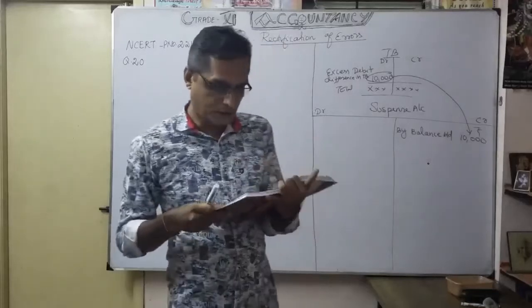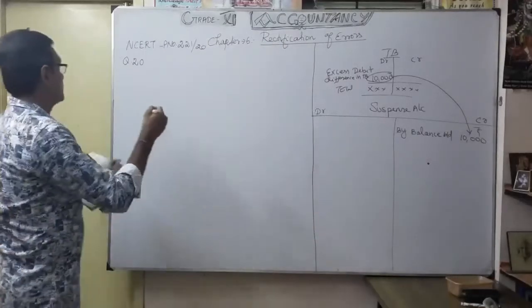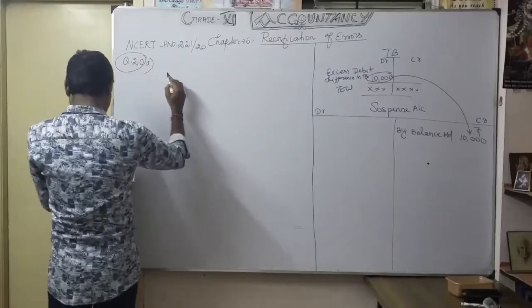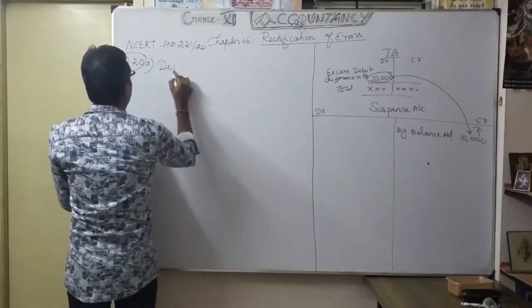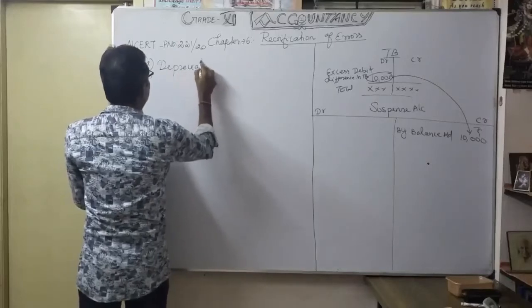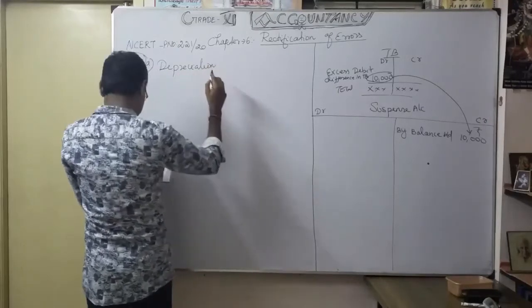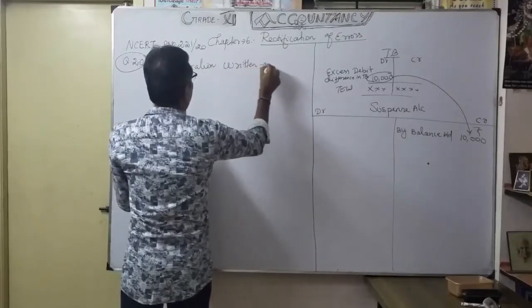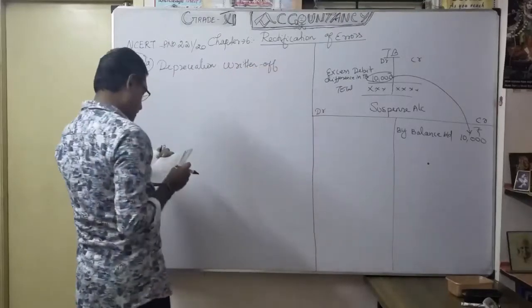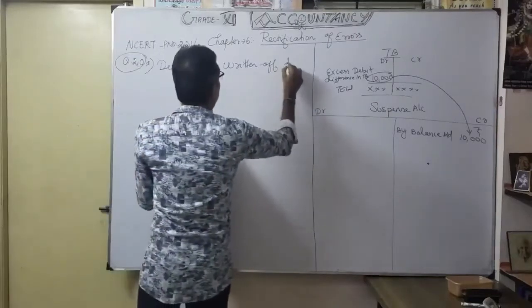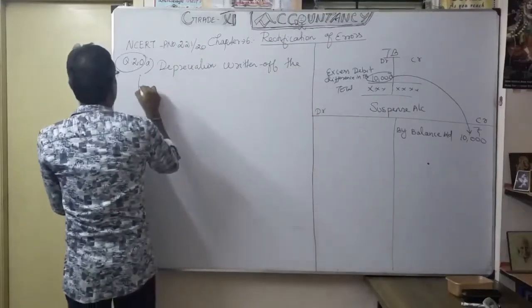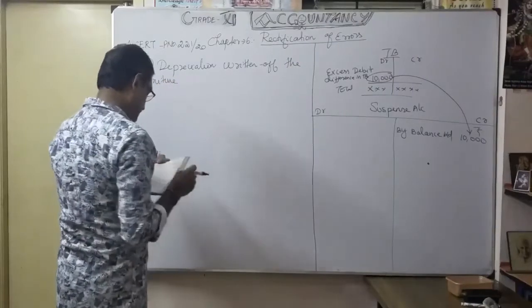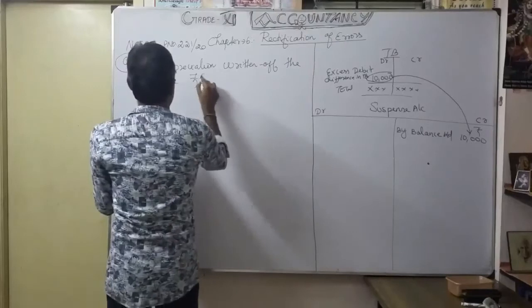One by one we are going to write. So what are the first ones? When you start with question number 1, what is given? Depreciation written off the furniture, rupees 6,000.